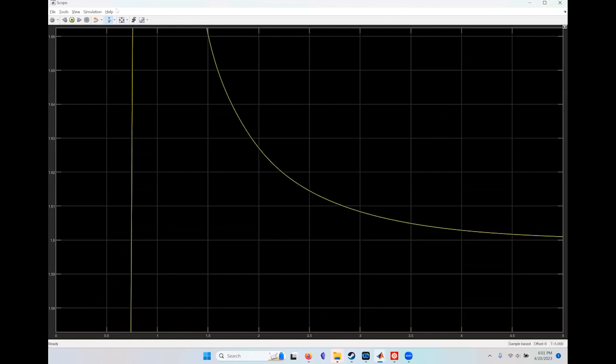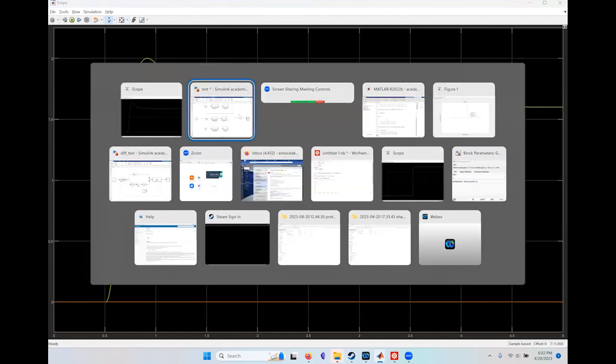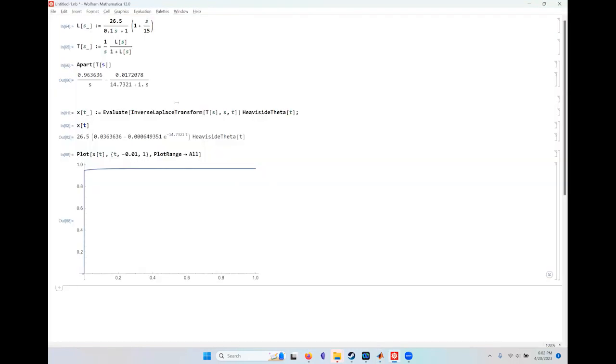Now the question is, is this response correct? When we were working with Simulink in class, we saw some different responses, so we want to have a benchmark and know what the correct response is. I'm going to go to another tool, Mathematica, to analytically determine what the exact response is.